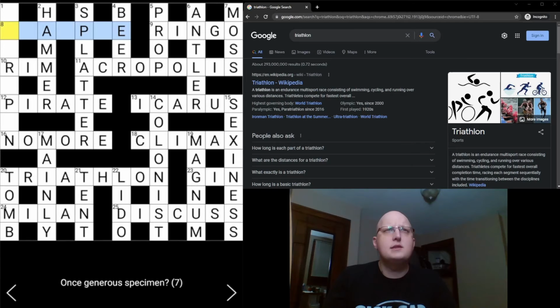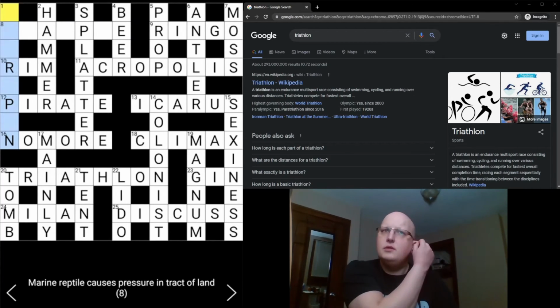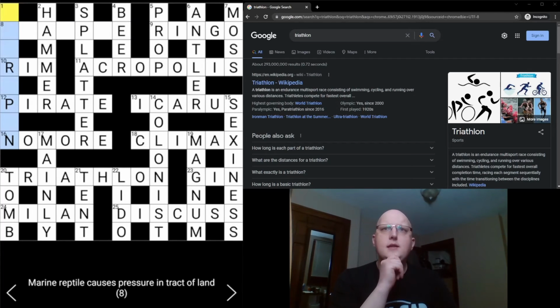Right, so we didn't really get any new letters there, so let's see if we can figure something out with this one. Marine reptile causes pressure in tract of land. Causes pressure. Rip.